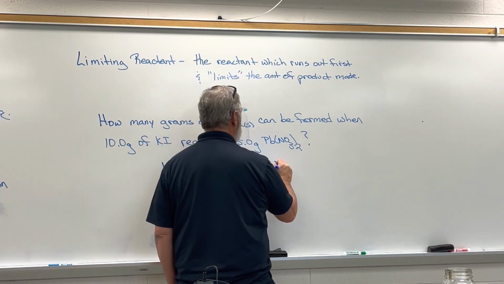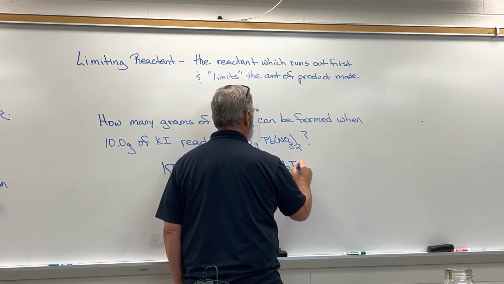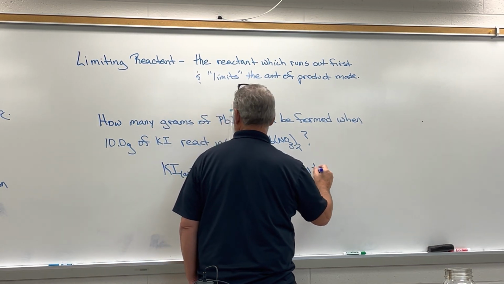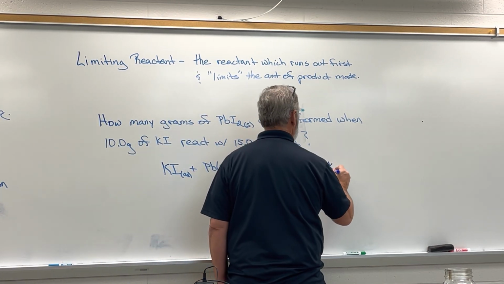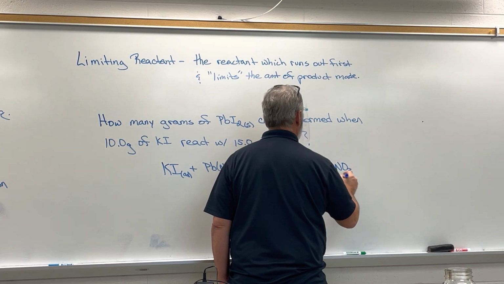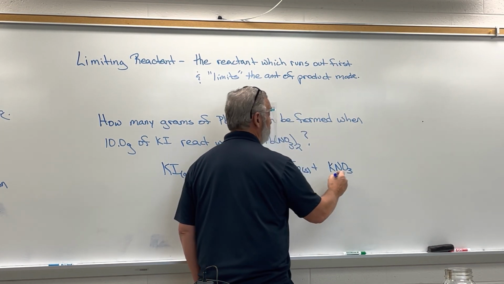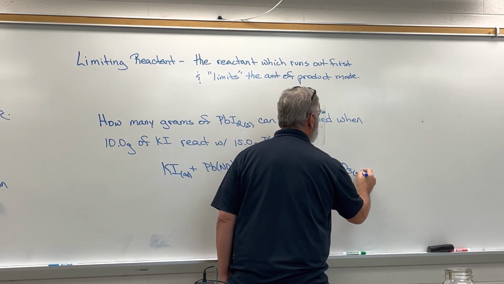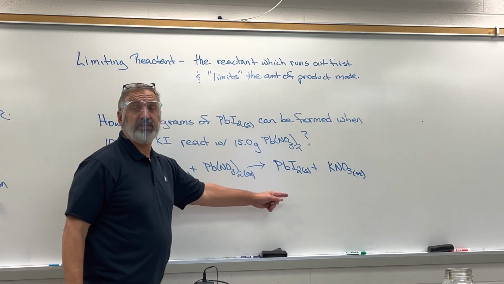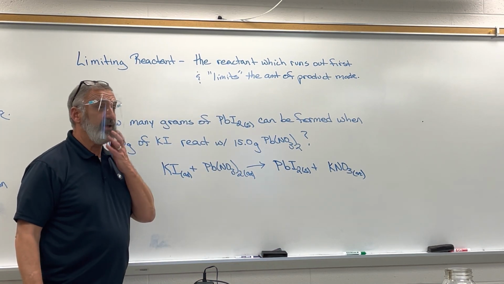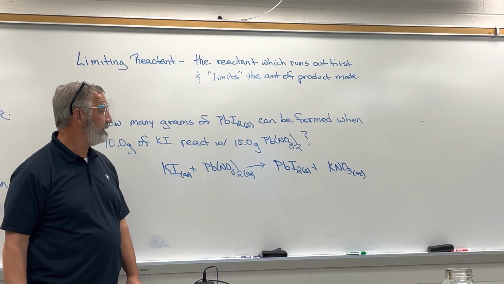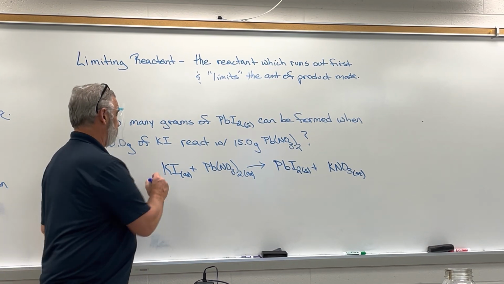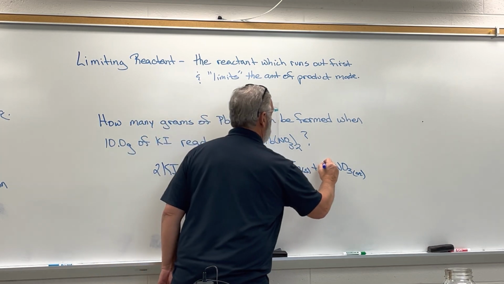So we're going to get PbI2 plus KNO3. I already said that PbI2 was going to be the solid, but we would know that KNO3 was aqueous because it's an alkali metal and it's a nitrate. So I have to balance this by doing 2 on the KI, 2 on the KNO3.